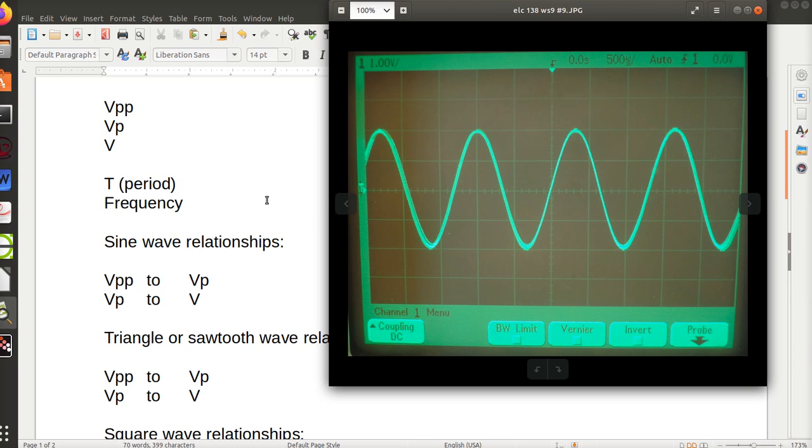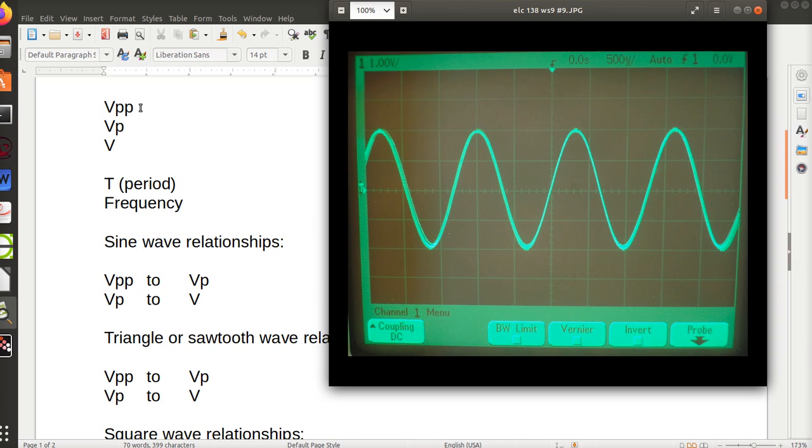So in the electrical field, we have 3 types of voltages that we like to talk about. And they're listed as VPP, VP, and V. Now, I've seen textbooks where people will ask for a peak-to-peak voltage, or VP to P. They'll ask for a VP voltage.